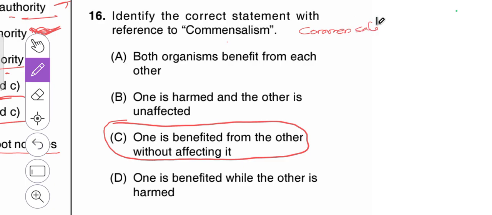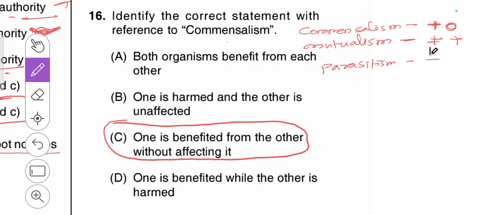So in commensalism, one is positive, another one is neutral. Next, mutualism, where both are benefited. Then parasitism, where one is benefited, one is harmed.